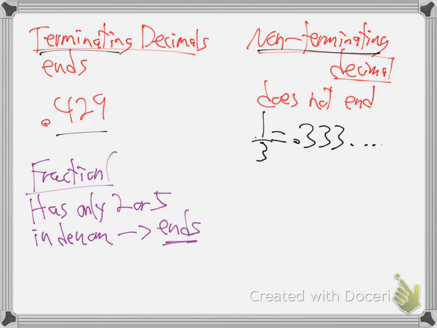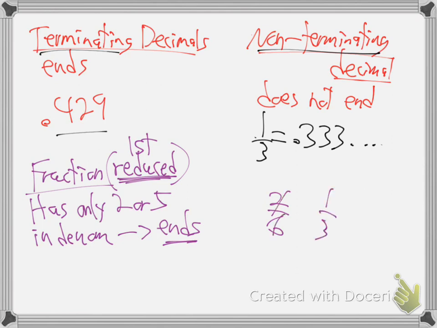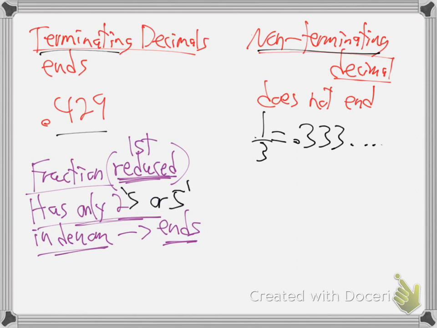A fraction, I should say, reduced. So you'd have to reduce first. If you had like 2 over 6, you'd have to first make it 1/3. You know what I mean? So if you have a reduced fraction, and it has only 2's or 5's in the denominator, then it ends.